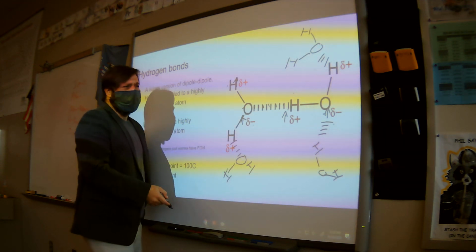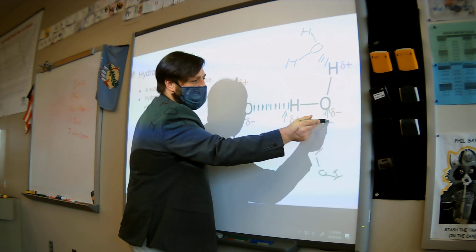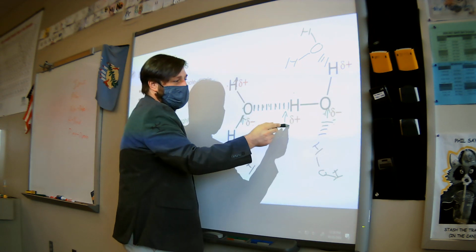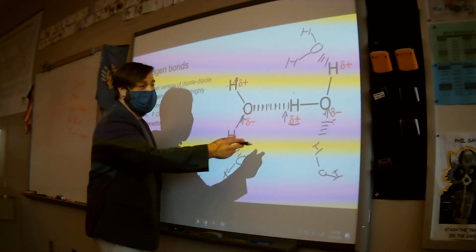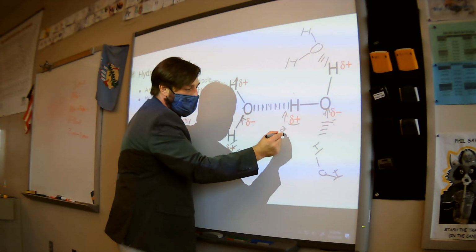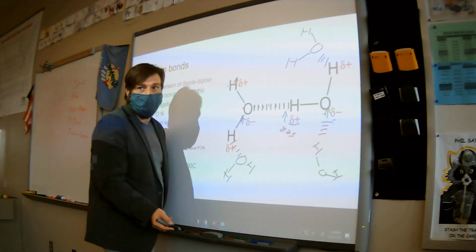But let me ask you this. This negative charge here, how does it relate to this positive charge? If I were to say this positive charge is 0.25, what is this negative charge?